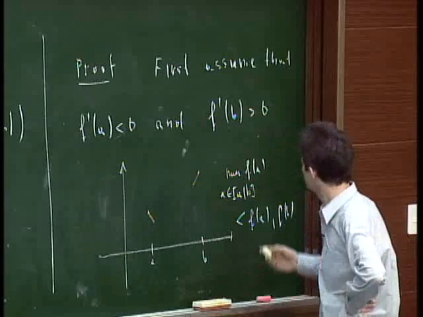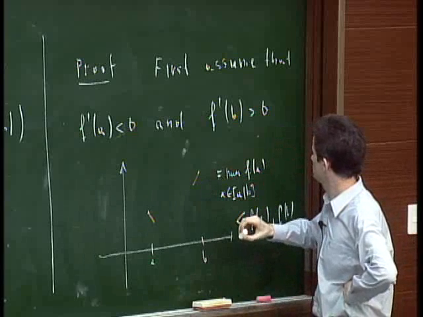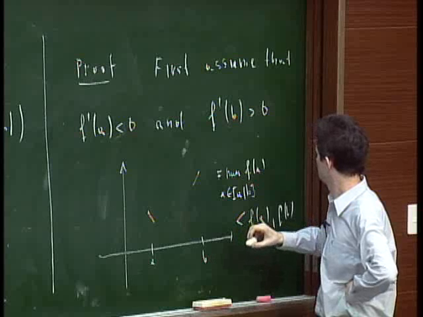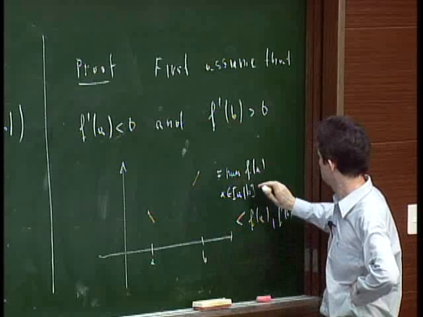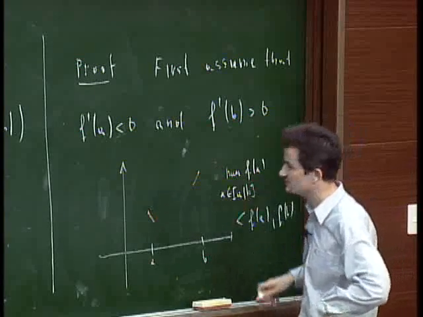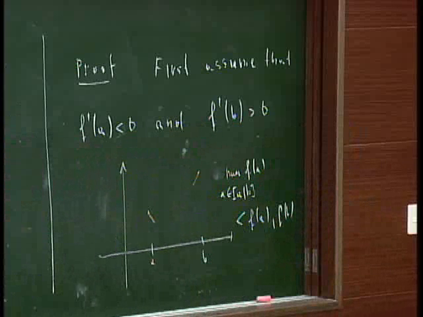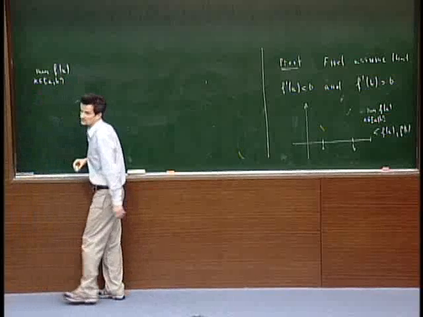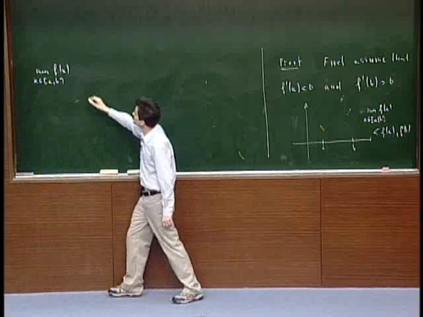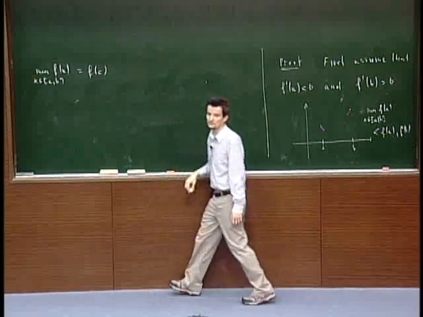So this minimum is taken on. So we know that the minimum of f of x, x in ab, because this function is continuous, exists by the extreme value theorem and is equal to, let's say, f of c.